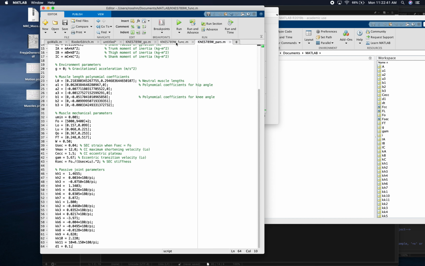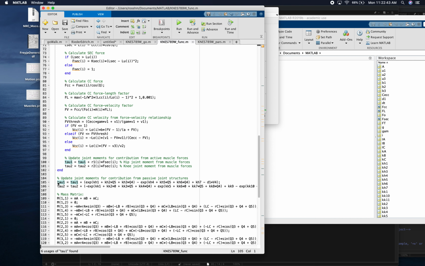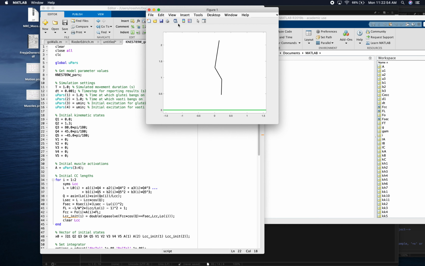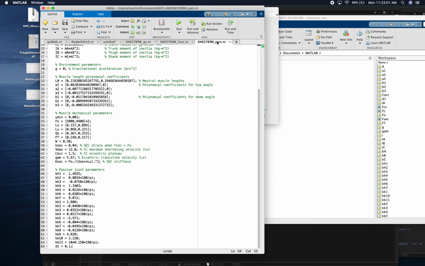Okay, I'm first going to comment these things out and remind you what things look like without the passive joints. You get a motion like that. Not very realistic. Too much knee hyperextension, way too much.